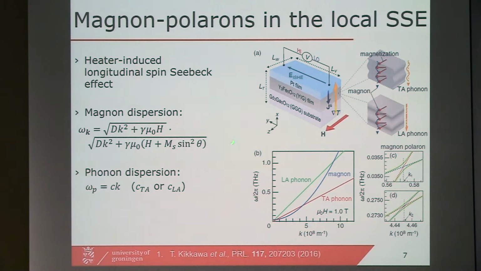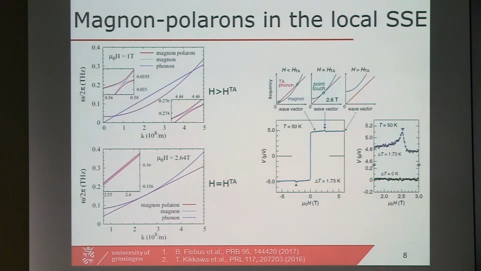So basically, by applying H, you can shift this magnon curve up and down. And this is illustrated here. So here, if we are below the resonance field, we get this kind of picture that I already showed you before. By the way, this is taken from work by Benedetta Flebus in the group of Rembert Duine, where Ka was also involved in this work.